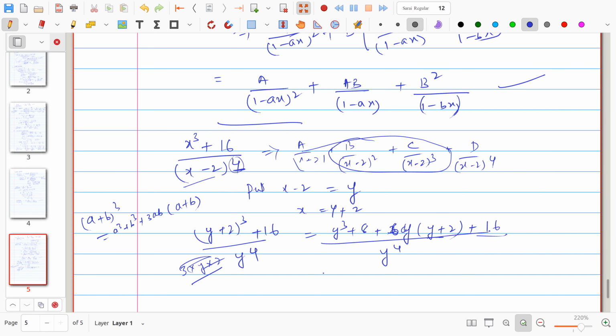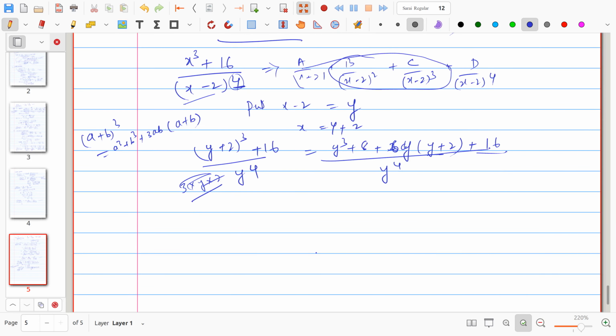Now I am simplifying this: y cube, plus 6y into y, which is 6y square, and 6 into 2, which is 12y, and 8 plus 16, which is 24, all divided by y raised to 4.